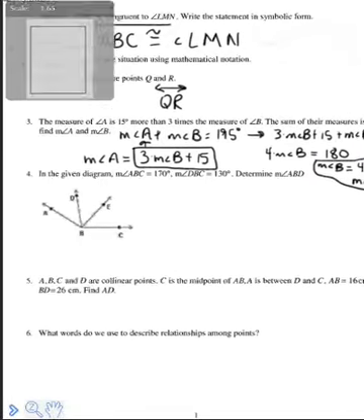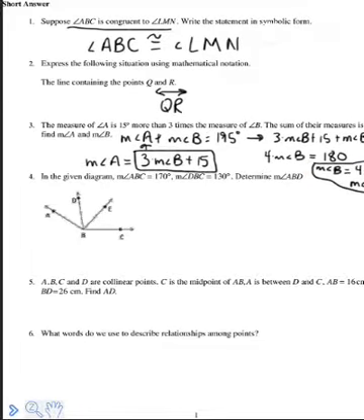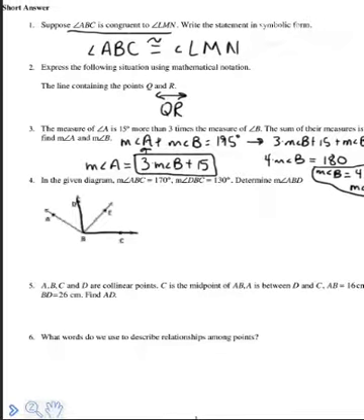Okay, so measure of angle ABC, I know the diagram's kind of hard to read, but here's ABC right there. The whole measure of the angle is 170 degrees. DBC, that part of the angle, is 130 degrees. Determine the measure of angle ABD.